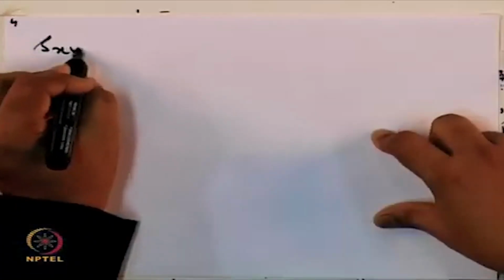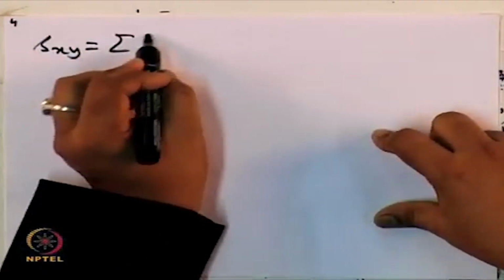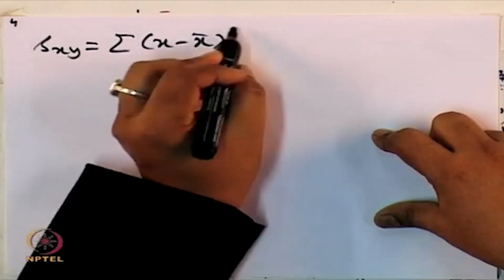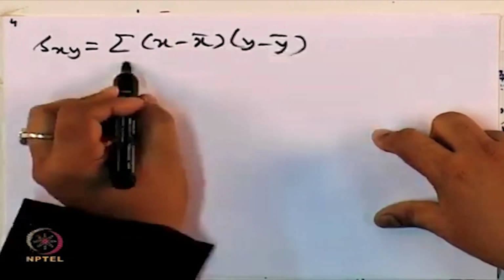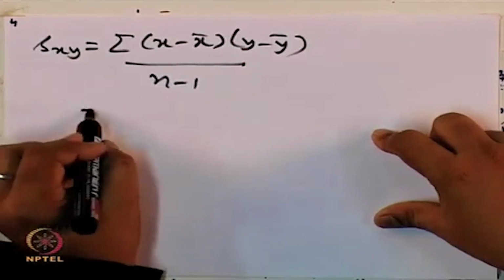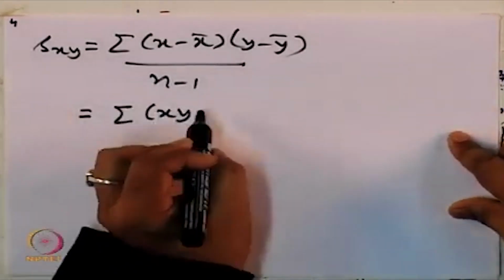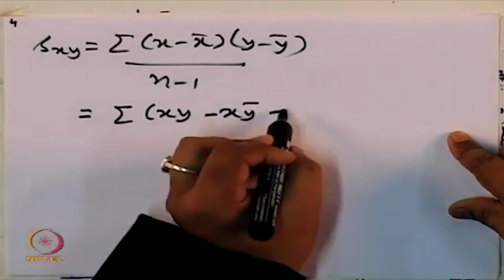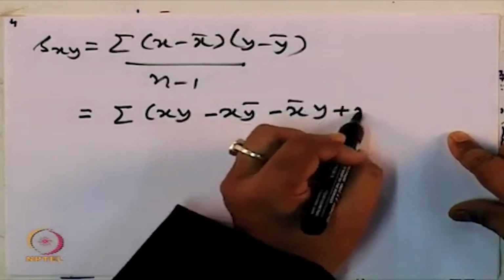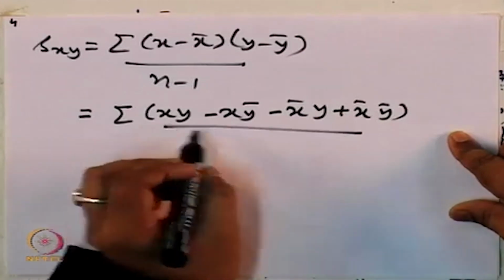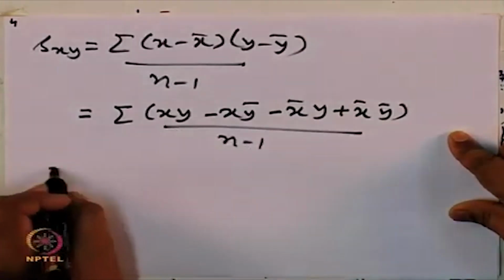It is possible to simplify Sxy. We can simplify Sxy by writing summation of x minus x bar into y minus y bar by n minus 1. So, I can simplify this to summation of xy minus x y bar minus x bar y plus x bar y bar whole by n minus 1.